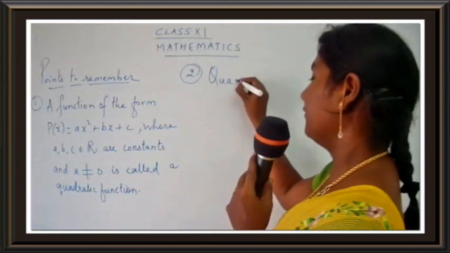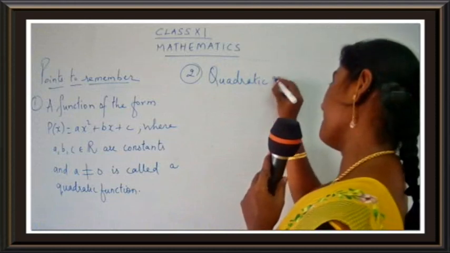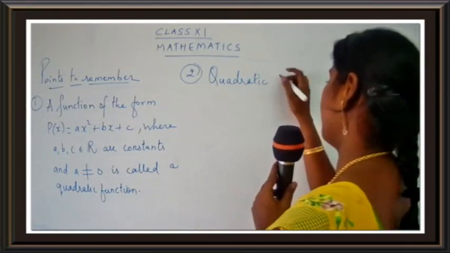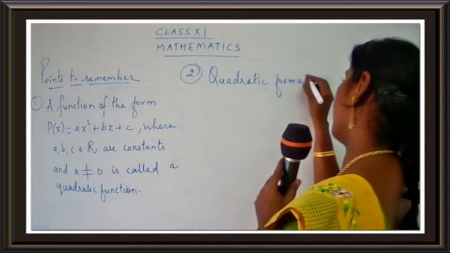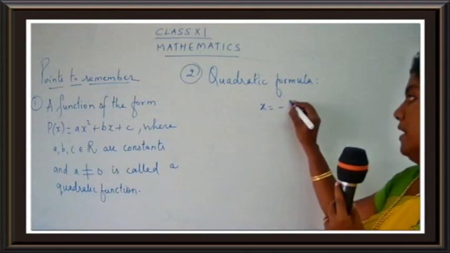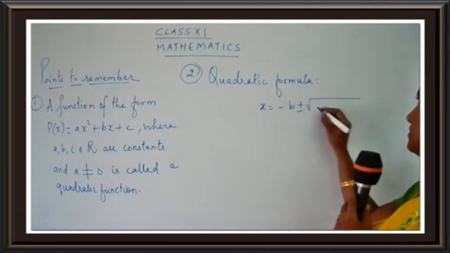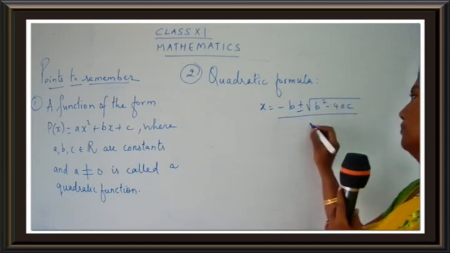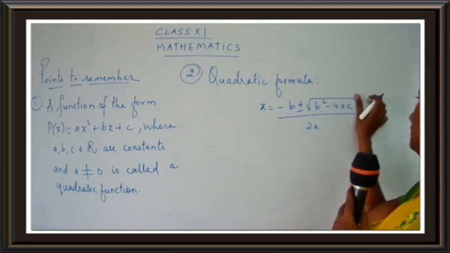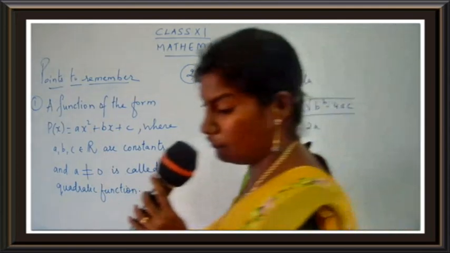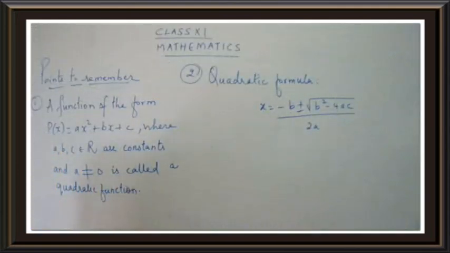A quadratic formula. X is equal to minus b plus minus square root of b square minus 4ac upon 2a.